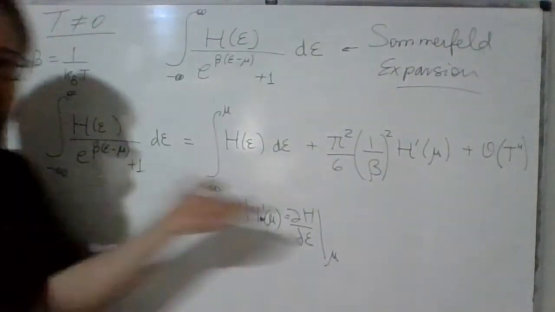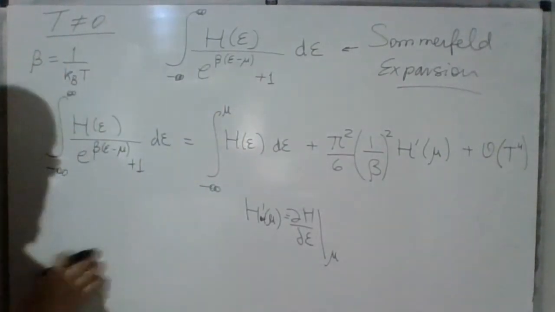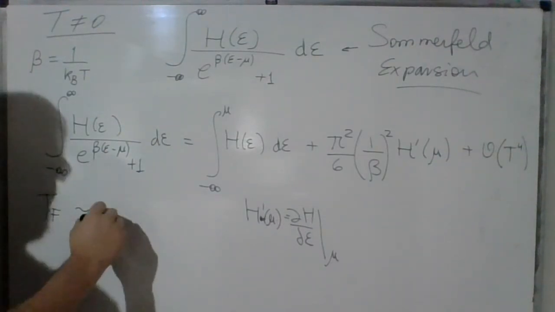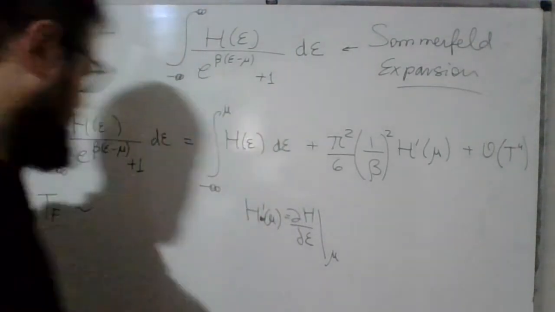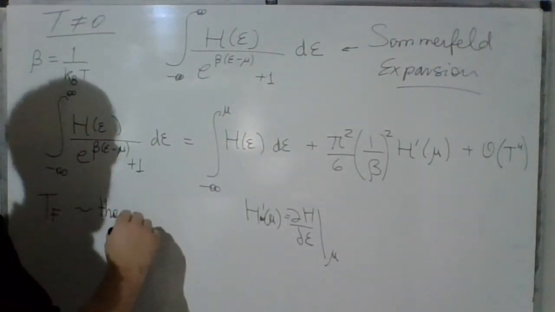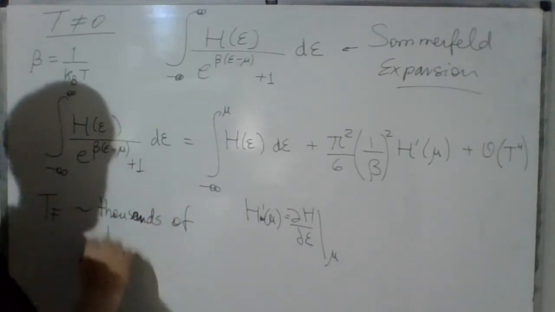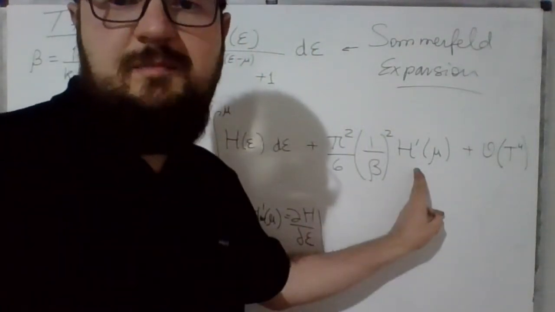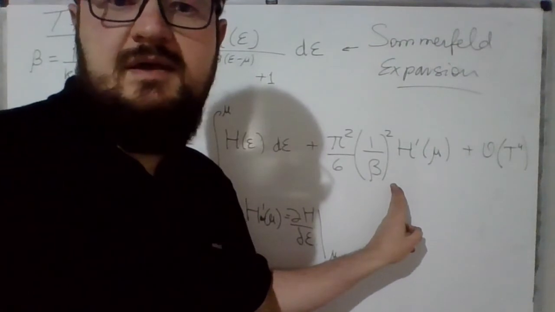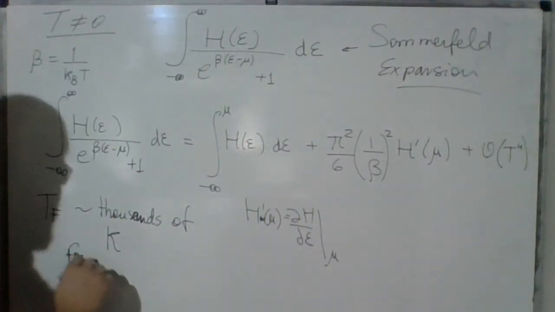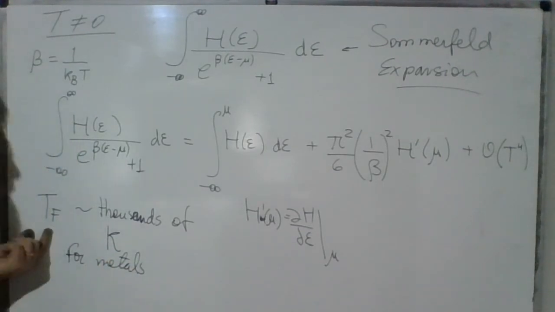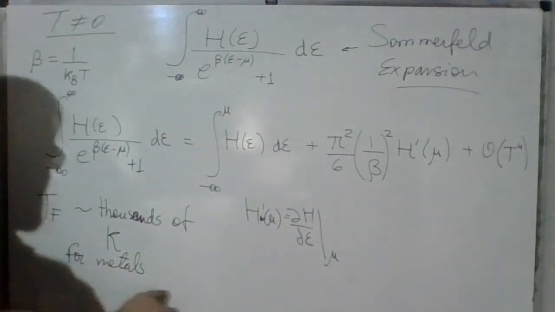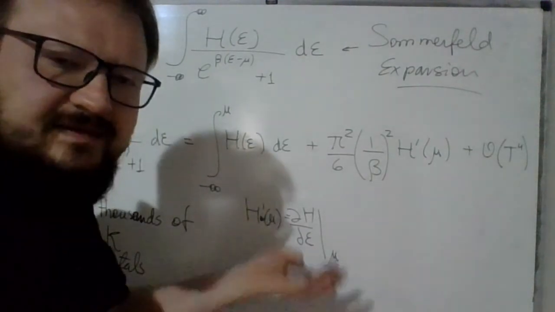And if you calculate for a metal, Fermi temperatures go to thousands of Kelvin. If you are dealing with room temperature, it is a good approximation to stop at the second order of the temperature, because for metals the Fermi temperature, which is the Fermi energy divided by Boltzmann constant, is in the range of 5,000, 10,000 kelvins.